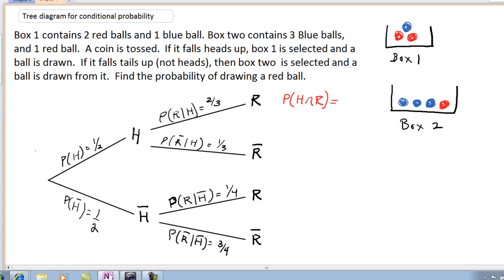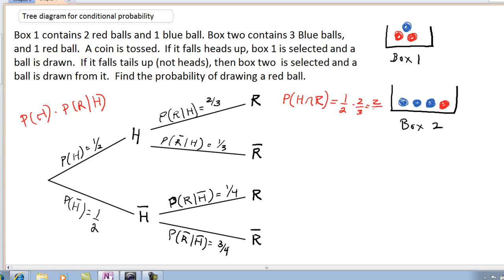Well, that's equal to P of heads times P of red given heads. So it's going to be 1/2 times 2/3, which is 2/6 or 1/3.